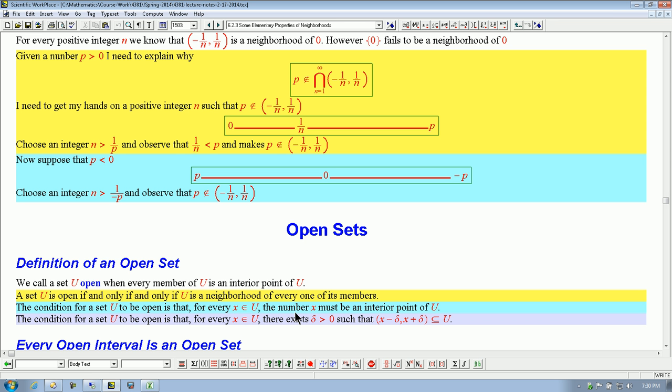Isn't that right? Well, then there jolly well has to exist a member of the set, and therefore the set can't be empty. Any set that is not open has to have at least one member that is not an interior point of the set. And therefore it's got to have at least one member and can't be empty. So the empty set is open.